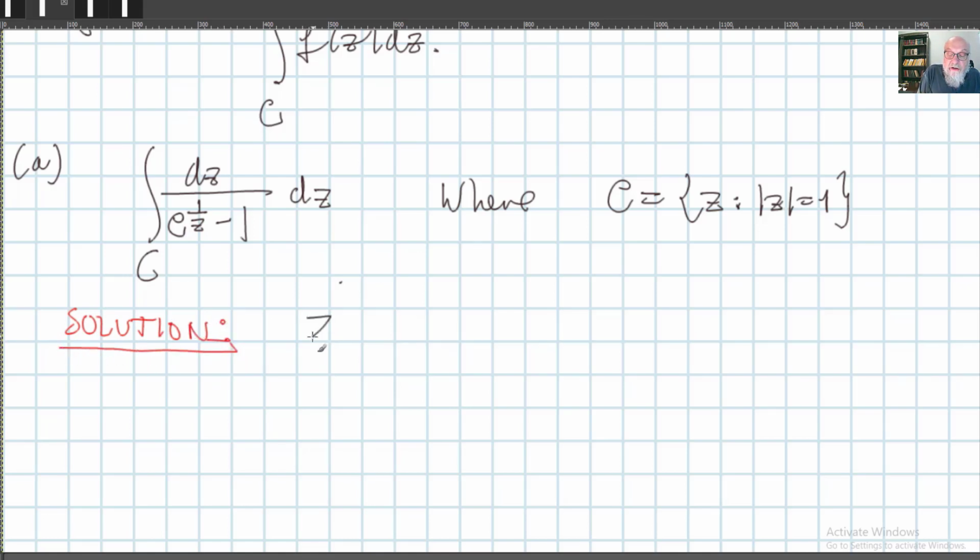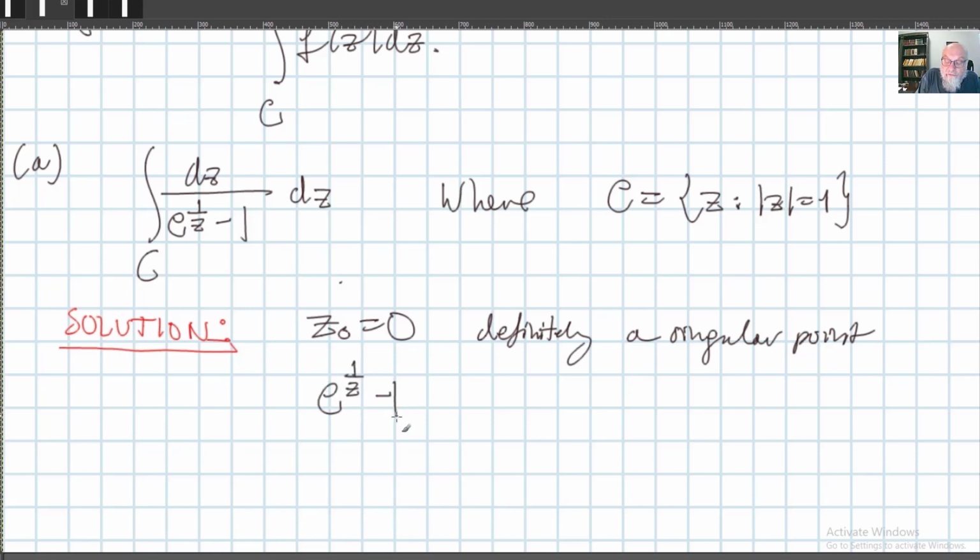Let's find the singularities. So z0 equals 0 is definitely a singular point. Why? You cannot divide by 0. And then you can see that those will be all poles, because they are zeros of an analytic function.